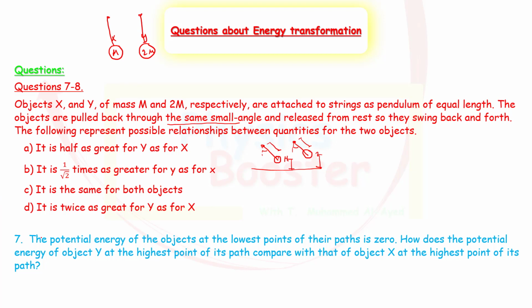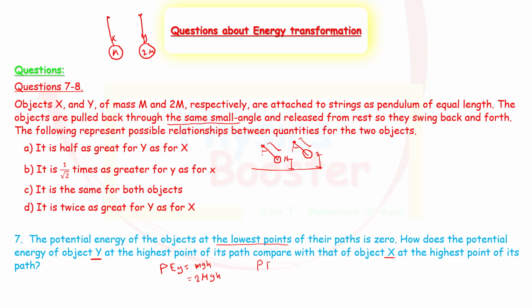Let's see what question 7 is asking. The potential energy of the object at its lowest point of their paths is 0, and we already know that. How does the potential energy of object Y at the highest point of the path compare with the energy of point X? Well, it's clear the potential energy of Y is equal to mgh. In our case, the mass is equal to 2m multiplied by g multiplied by h.